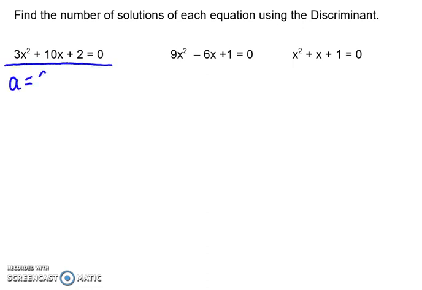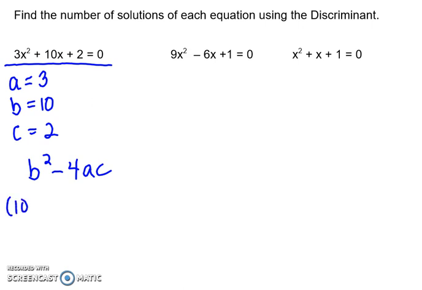If we identify, a is going to be 3, b is going to be 10, and c is going to be 2. Remember, our discriminant is b squared minus 4ac, so we just plug in those numbers. B is a 10, so we're going to square our 10. Remember, you're always going to have a positive number when you do that squaring, minus 4 times a, which is 3, and c, which is 2.